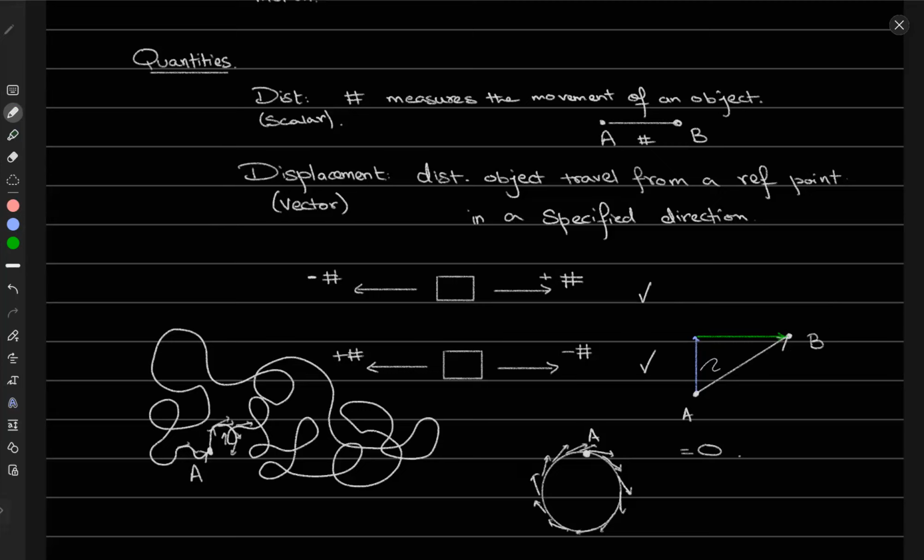I could have also taken this path, which is north and then east, but that would be longer. So that's not the displacement.